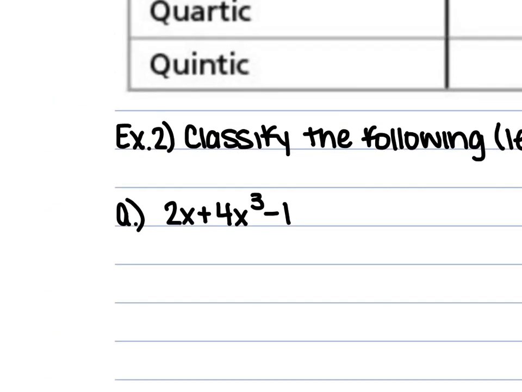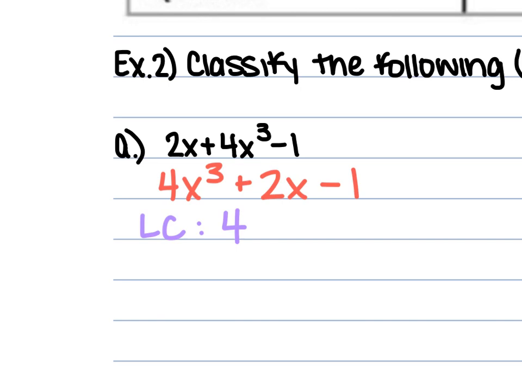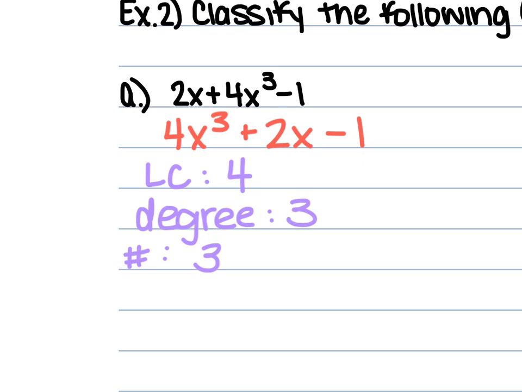So this is going to become 4x cubed plus 2x minus 1. Okay, so the leading coefficient here is the 4. Your degree on that term is a 3. You have the number of terms, which is 3, and then the name of the polynomial.